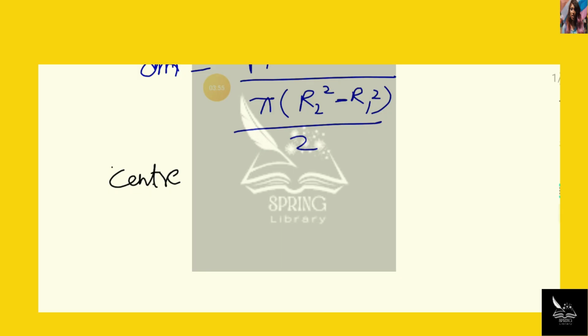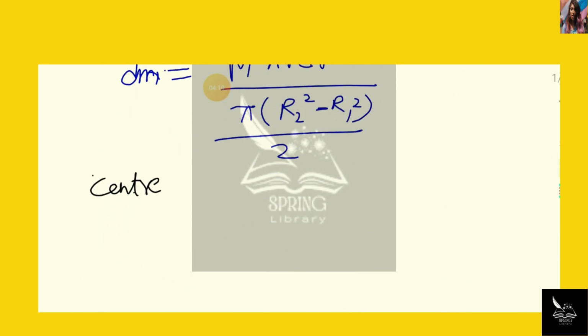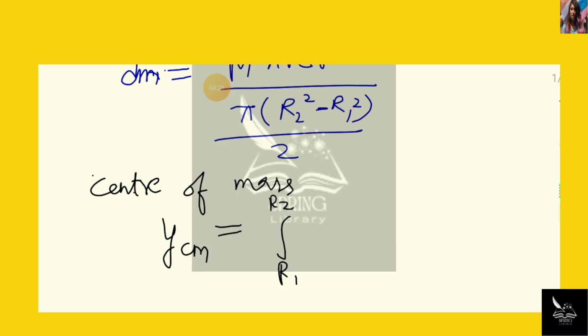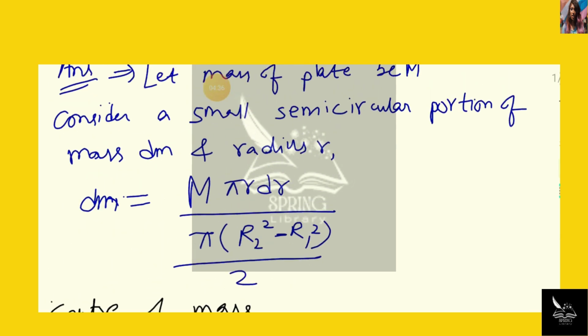Here I will take the limits over this semicircular portion: small r equal to r1 to small r equal to r2. The center of mass in integral form, for only the y coordinate, is the integral from r1 to r2 of small y dm divided by capital M. Here y is the coordinate of the center of this semicircular portion.